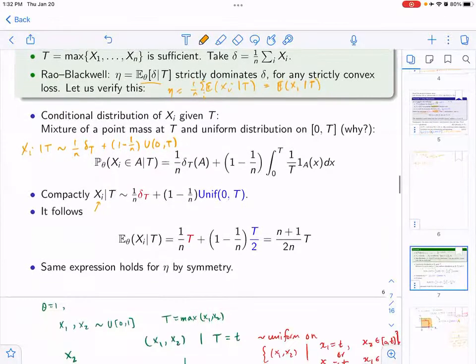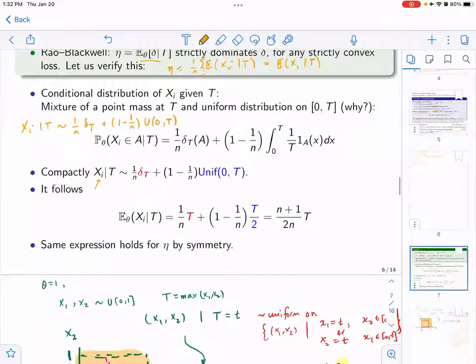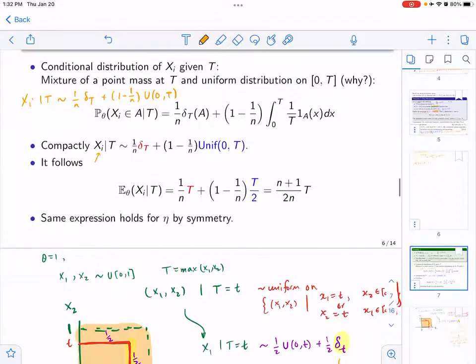That's why I need to compute these marginal distributions. So for the expectation of one of them, say x1 or xi, if I have a mixture distribution, the expectation is the same mixture of the expectations. So 1 over n times the expectation of this, which is t, plus 1 minus 1 over n times the expectation of this, which is t over 2.